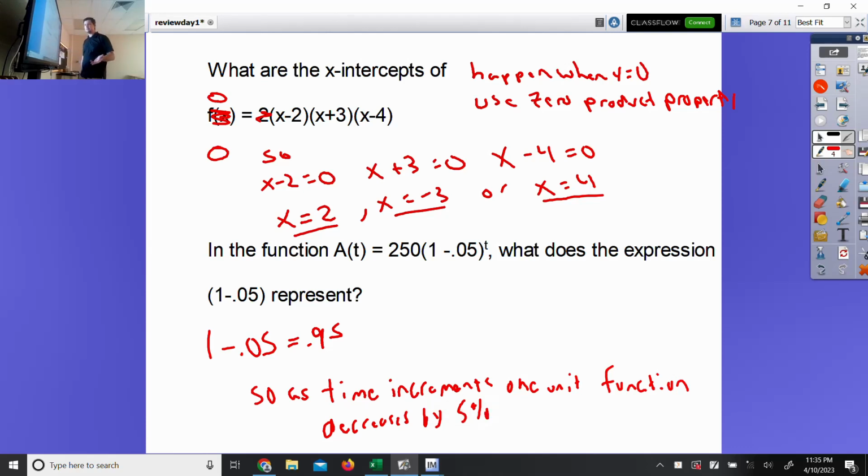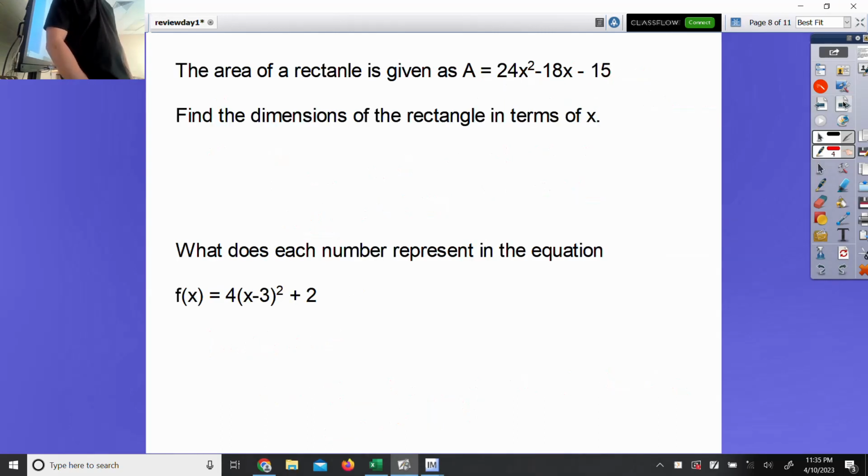It's a decay function because of the 5%. It's just telling you how much it's decaying. So that's a pretty simple little question. I may not have that worded right according to Pearson, but it should be good enough. And I'm too tired to think about the questions I pulled for that right now.